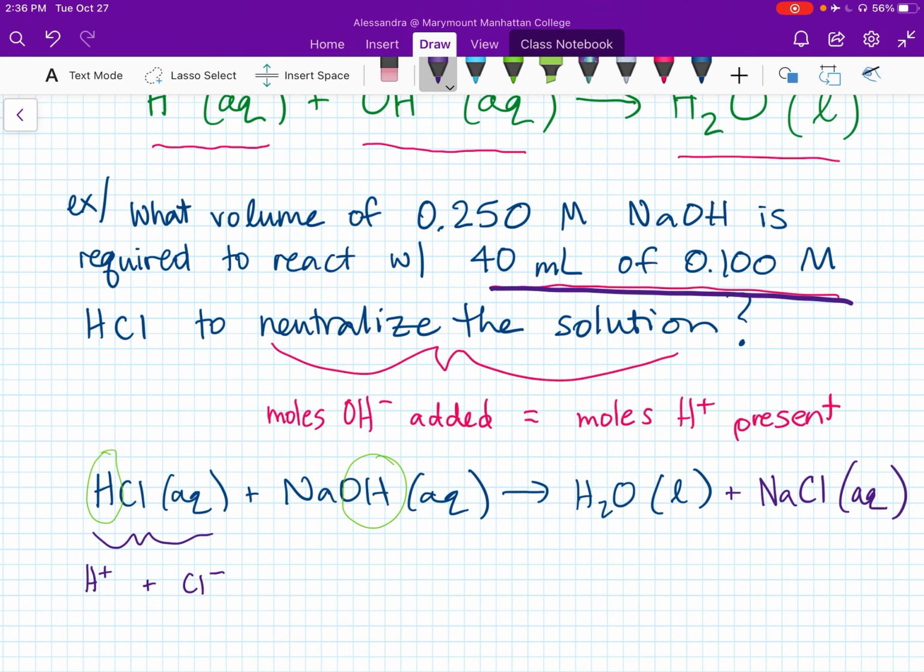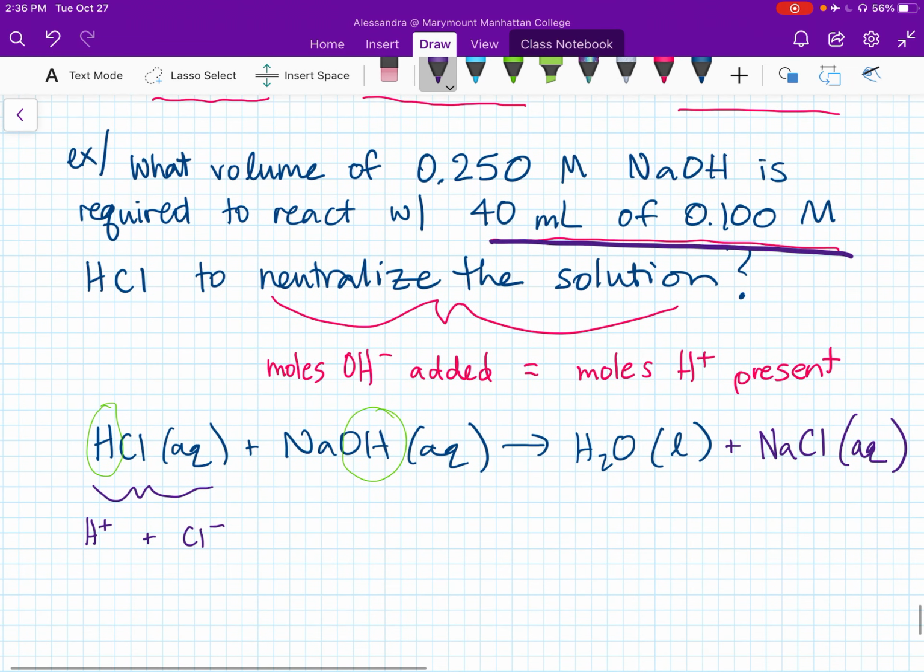The HCl is completely dissociated into its component ions. So the number of moles of HCl is going to equal the number of moles of H plus that are present. So let's do this. I have 40 milliliters, and 40 milliliters of a 0.100 molar, so moles of HCl per liter solution.